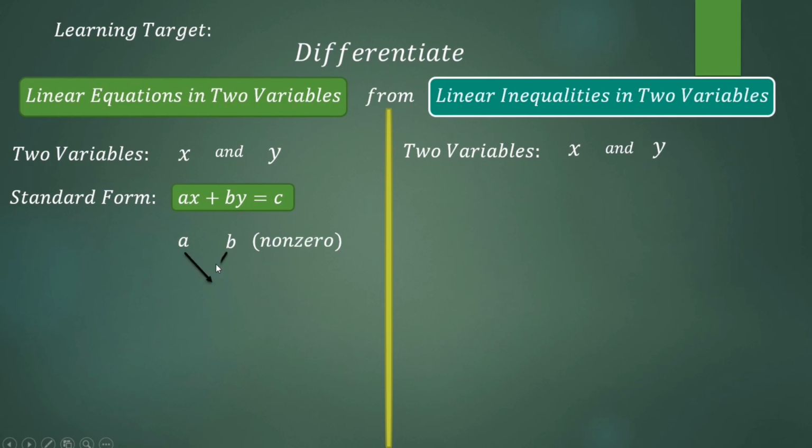Also, this a and b, tinatawag din nating coefficients of x and y. Ito yung example natin sa standard form: 10x plus 4y is equal to 3 and negative x plus 5y is equal to 2. So, ito yung halimbawa ng linear equations in two variables.